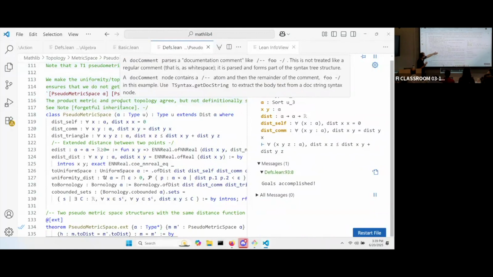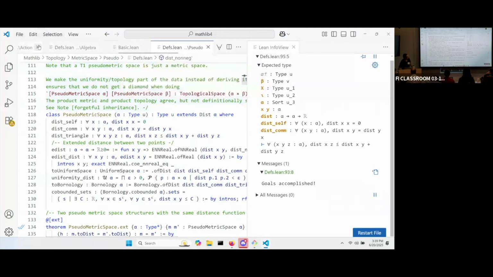And when we do that, we can avoid the diamond immediately just by saying, oh, well, the topology is the product topology, but the metric structure is the metric structure, and then we prove that they're the same right there. So when we put the metric space structure on a product of two metric spaces, we choose the product topology here. And that resolves the diamond issue, because whenever you take the product of two metric spaces, it's carrying around the product topology, which automatically matches the product topology because it's the same. So this is the way we resolve diamonds.